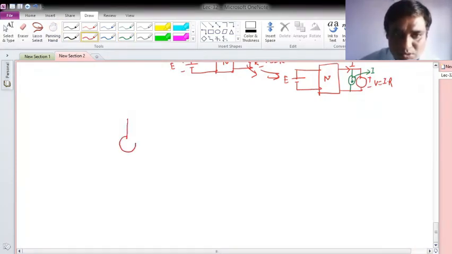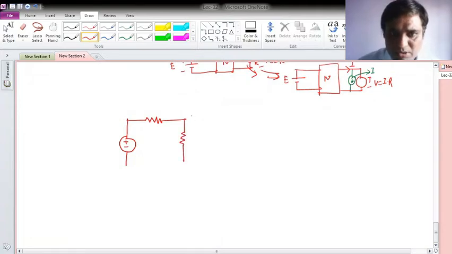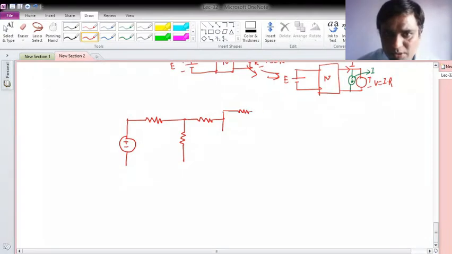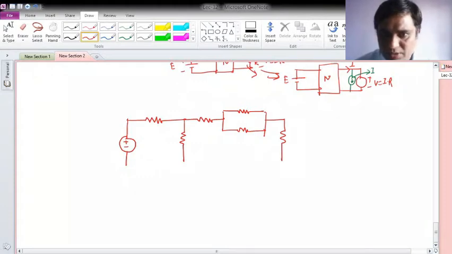So this is my voltage source with a resistor here, one resistor here, one resistor here, then there are two parallel resistances, and then one resistor here and one resistor here.